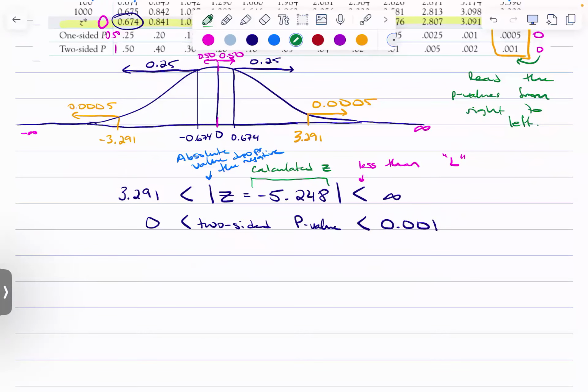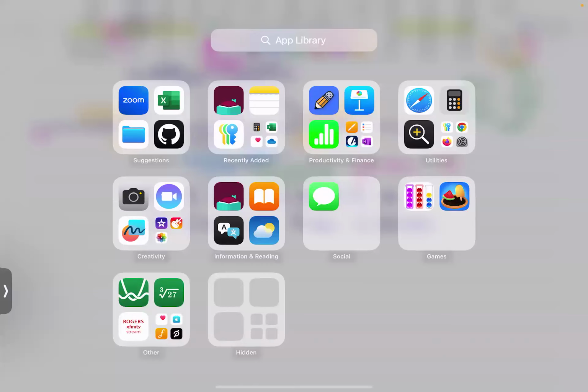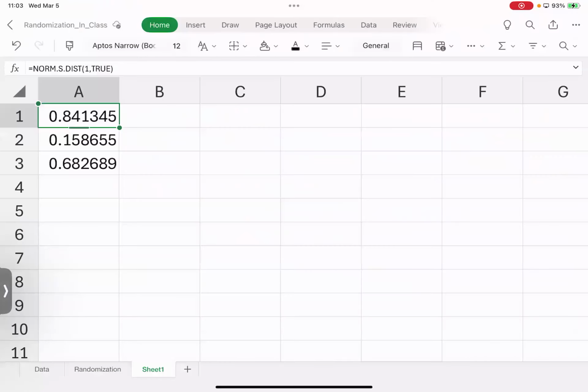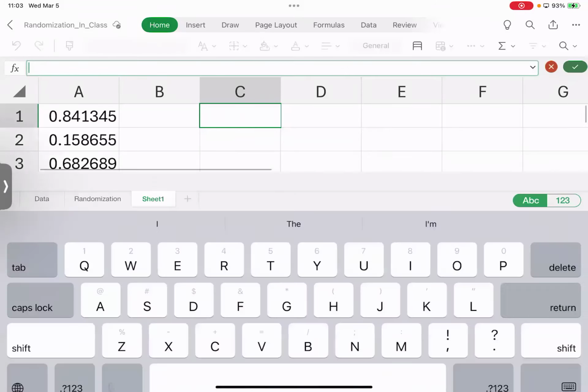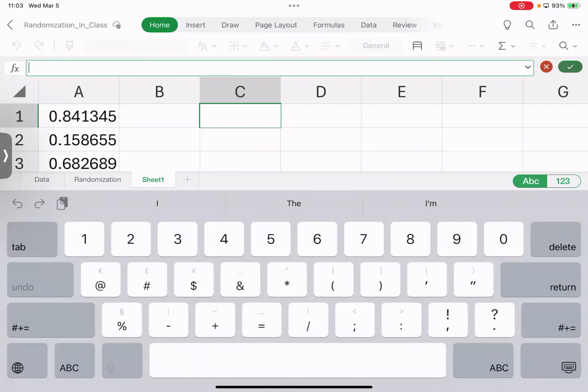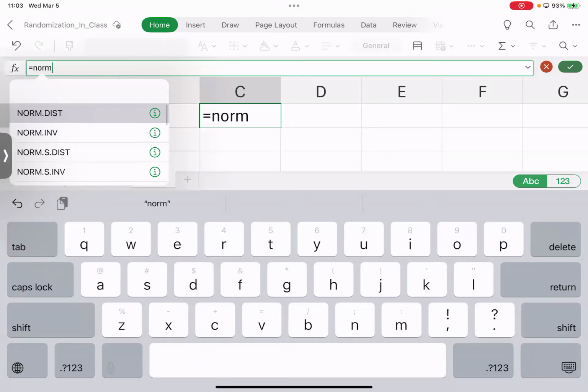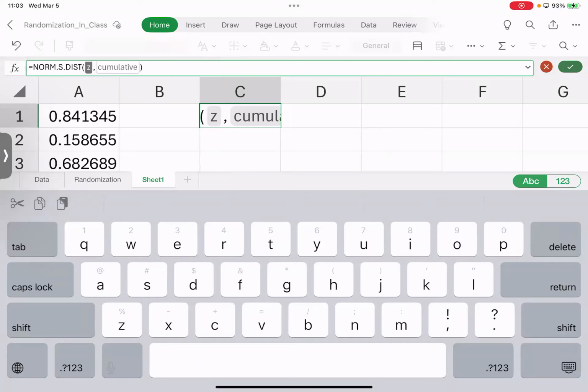Okay, we can use software, and let's see if I have Excel. I do. I was doing it in a different class. So you can use Excel, and you can use the equals, and you'll have an assignment on it, norm.s.dist, and you can give it a z.